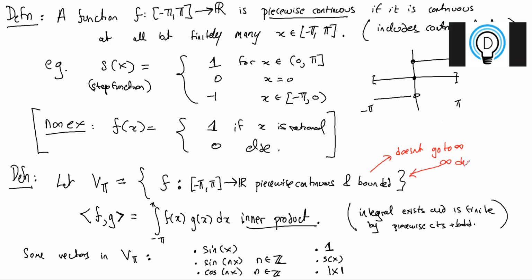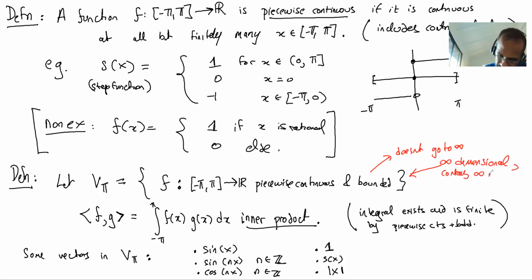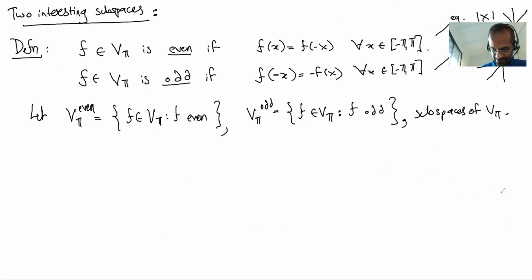Just a bunch of polynomials. Yeah, this is infinite dimensional because it contains infinitely many linearly independent vectors. For example, the polynomials: 1, x, x squared, dot, dot, dot. So that's an infinite dimensional vector space. These are also infinite dimensional. You can convince yourself of that later, but nonetheless, they're legitimate subspaces.